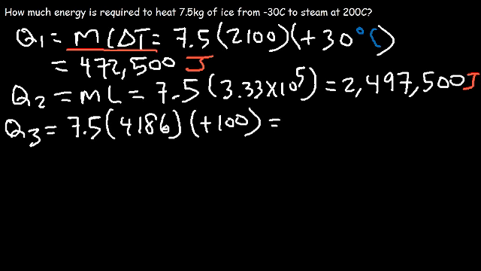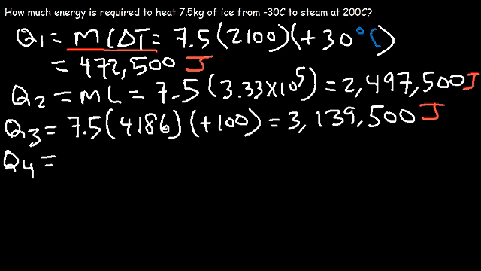So this is equal to 3,139,500 joules. Now Q4 is a phase change, so it's going to be m times L. It's the mass of 7.5 times the latent heat of vaporization, which is 22.6 times 10 to the 5.